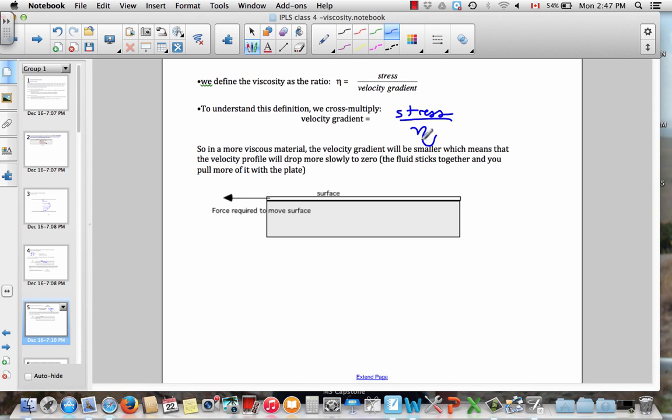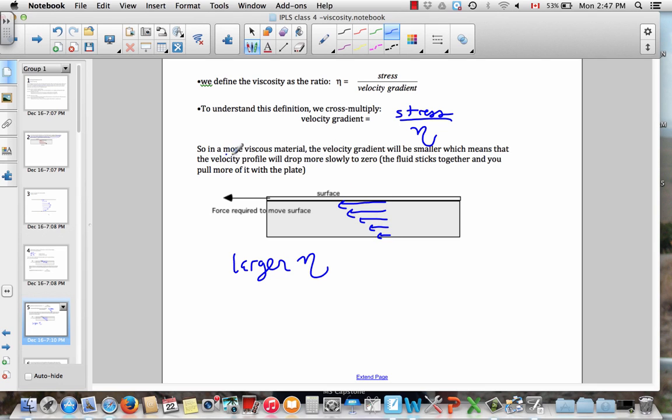And if you've got a more viscous material, so a larger viscosity coefficient, that means this velocity gradient is going to be smaller. That means that the velocity is going to drop more gradually, i.e., as you pull this plate, you actually pull a lot of fluid along with you.